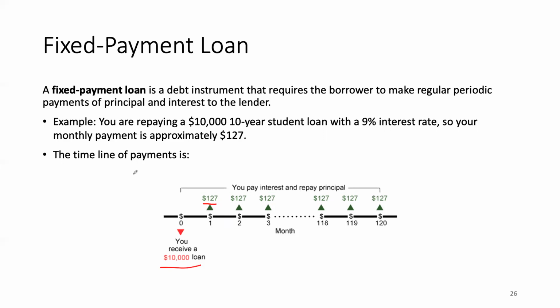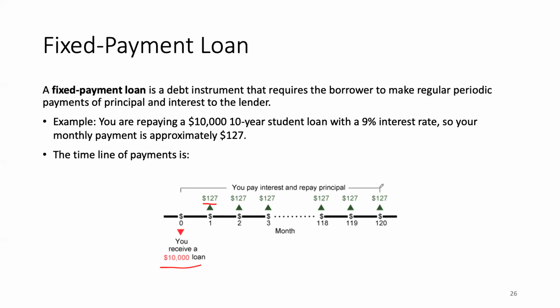So if you keep this up, at the end of the maturity period, all the required interest payments are made, and so is the principal. So there's no balloon payment at the end, and it's a much easier way of managing the risk.